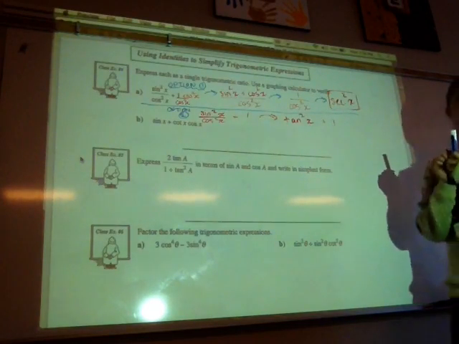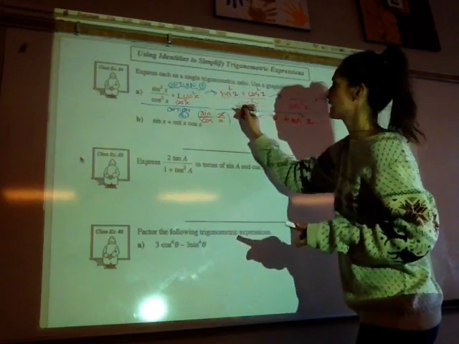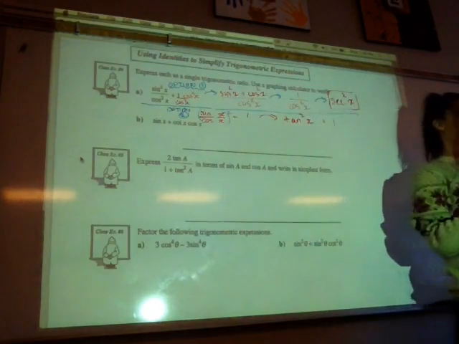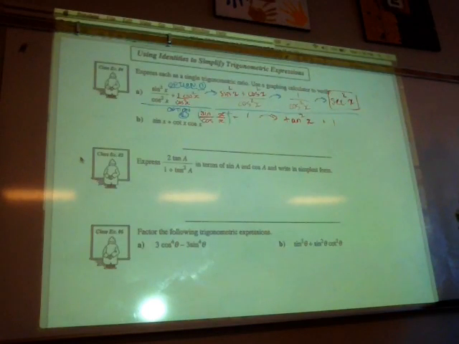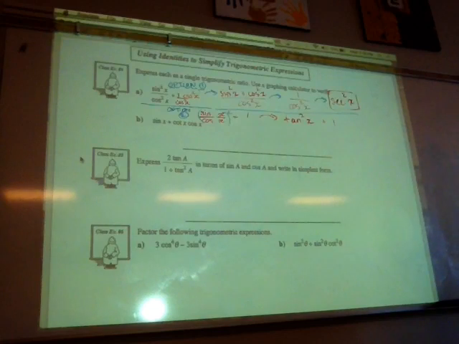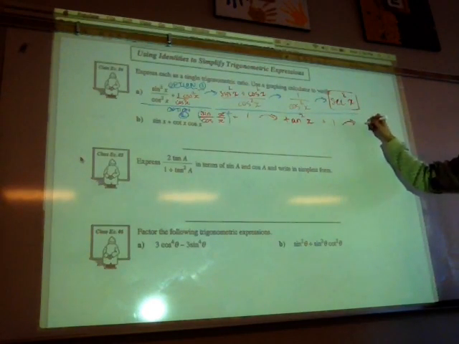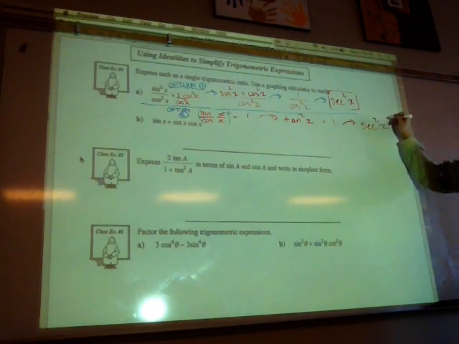Okay, another way, just if you guys are unsure, you could write this as sine x over cosine x, all squared, like that too. Okay, that's a bit easier. It's the same thing. Now do we have another identity? Tan x squared plus 1? Yes, it equals secant x squared.